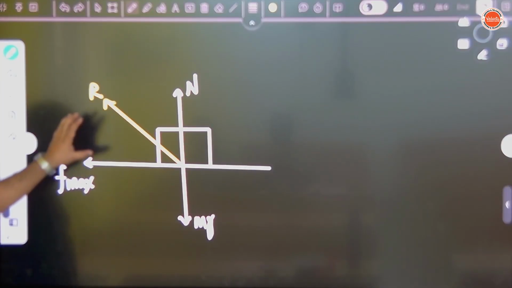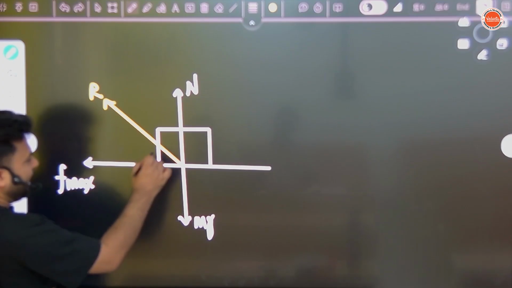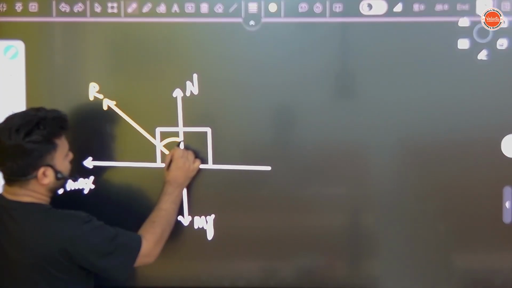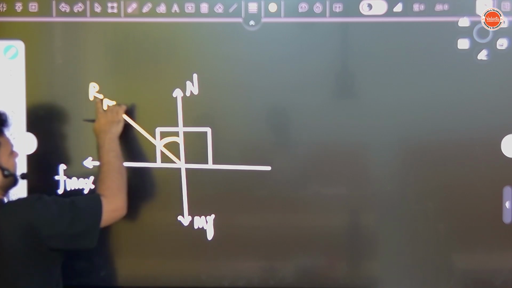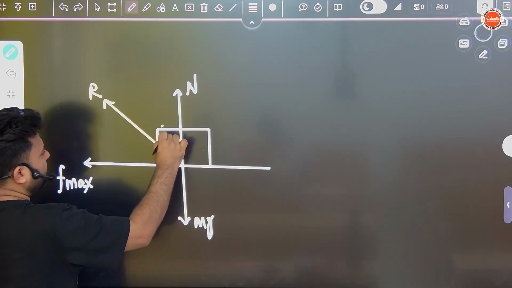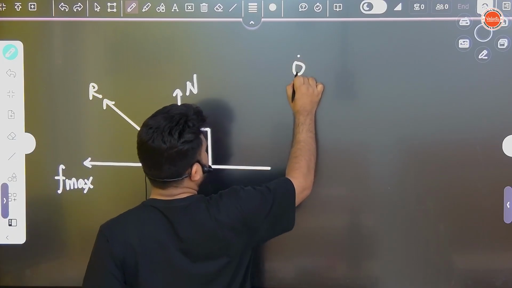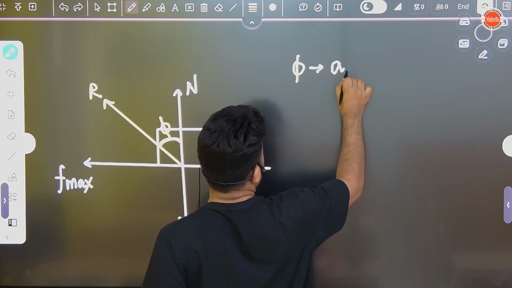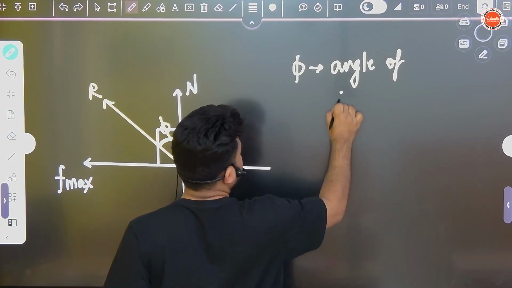Now the angle that R makes with normal, suppose this is phi, this is called angle of friction.